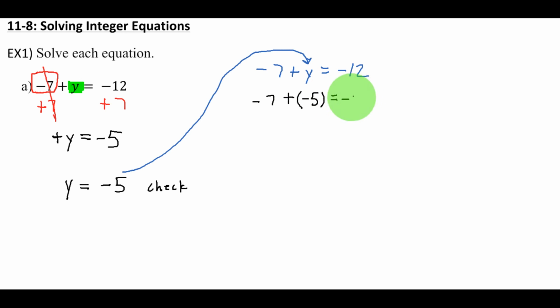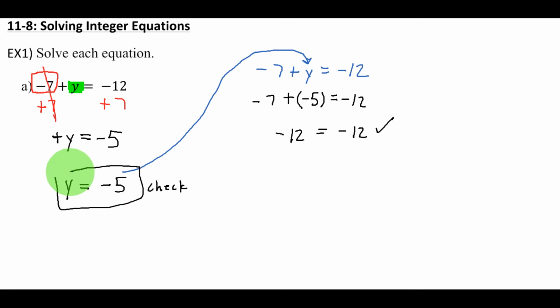And let's see if it is equal to -12. Well, let's think about this. If I'm losing 7 and losing 5 more, well, -7 plus -5 gives me -12. And this is equal to -12. It checks out. Therefore, y is equal to -5.